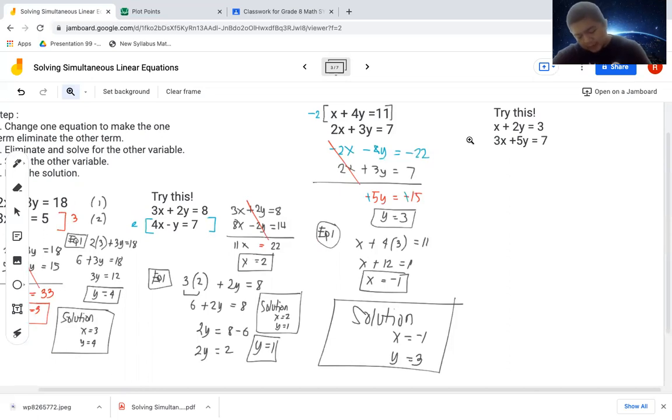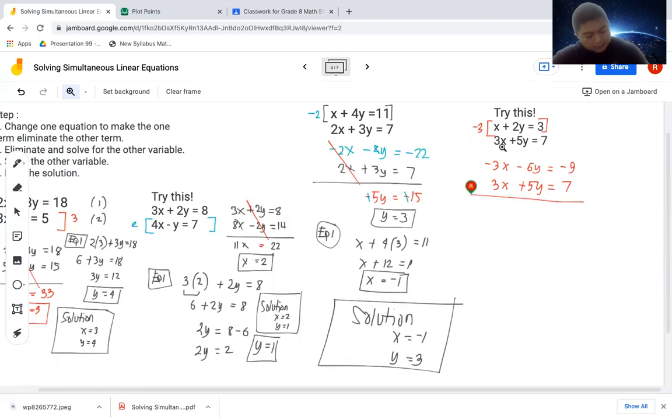So we know that this equation has to be multiplied by negative 3 so that we can eliminate this one. So it gives you a new equation, minus 3x minus 6y is equivalent to negative 9. And from here, you will have 3x plus 5y is equivalent to 7.